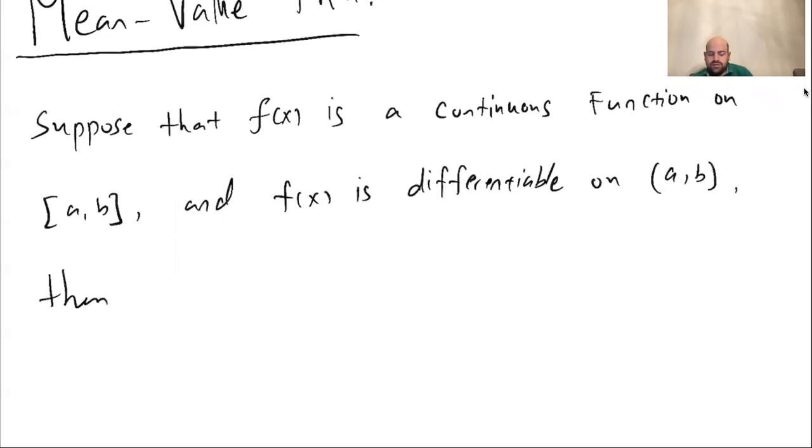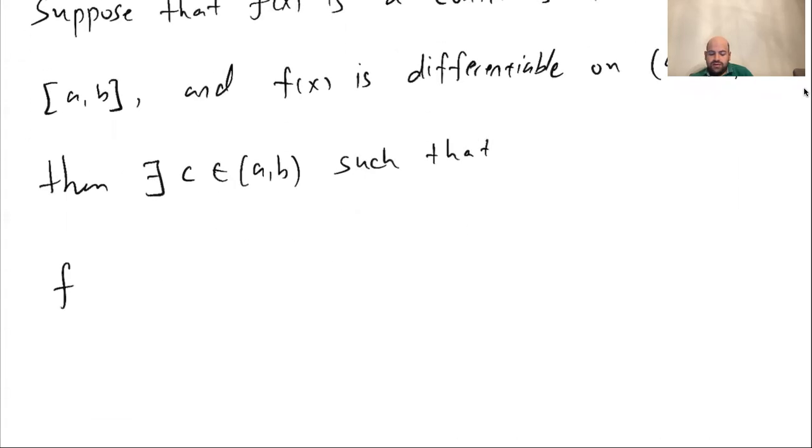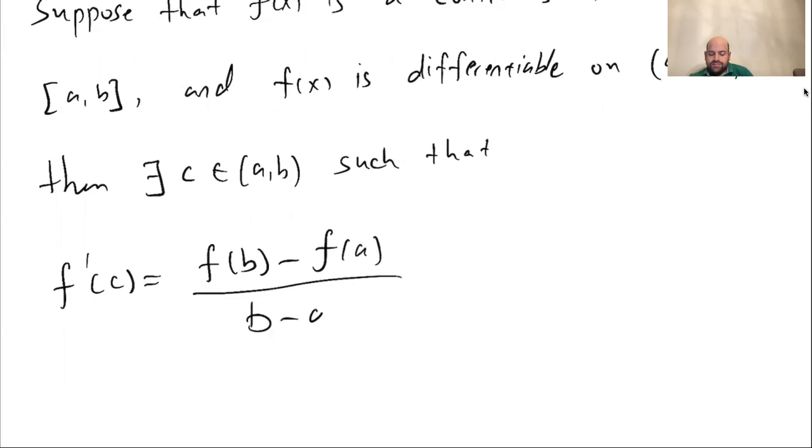Then again, we can say there exists C between a and b such that f prime of C is equal to f of b minus f of a over b minus a.